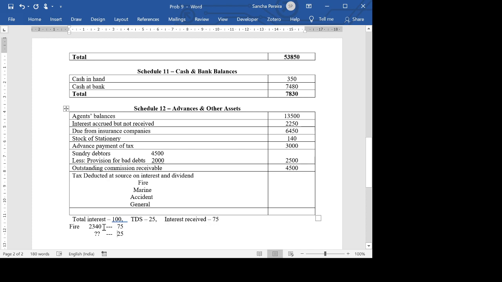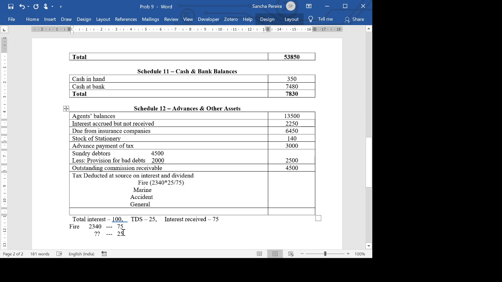Transferring this to my problem, 2340 is the interest and dividend that I have received from fire insurance, and 2340 is the 75% component. I need to know how much is the 25%. So how do I get this? I basically do 2340 into 25 divided by 75, cross multiply.